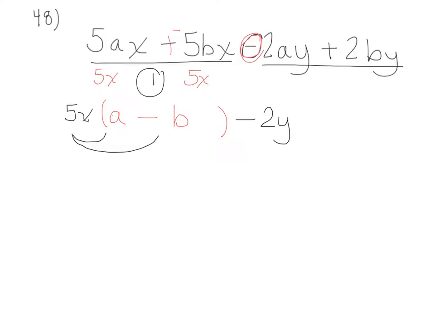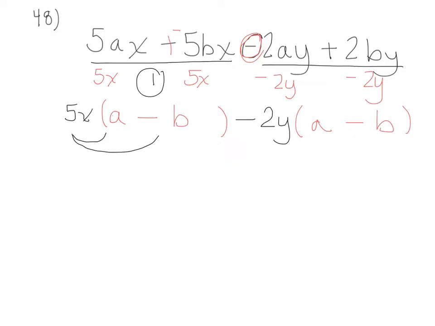That means I'm going to divide both things in this group by negative 2y, and in parentheses, I'm going to show what I have left over. So negative 2ay divided by negative 2y is a, and positive 2by divided by negative 2y is negative b.